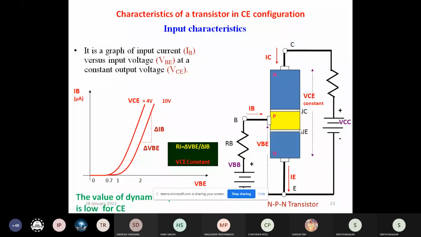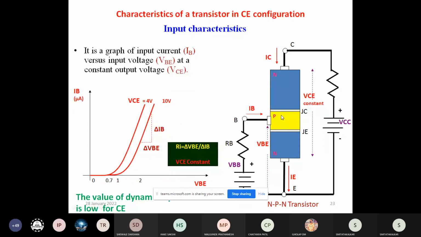Then how is it possible? In the formation of the junction, here the base terminal is connected through the resistor. Here holes are moving to the left side of the electrons, and these are the electrons. The holes, this is the current direction of the base terminal.